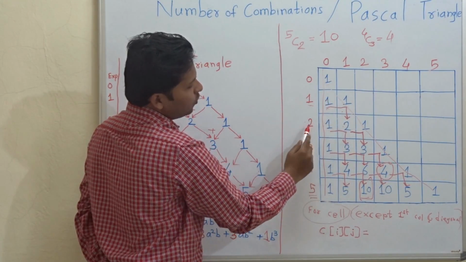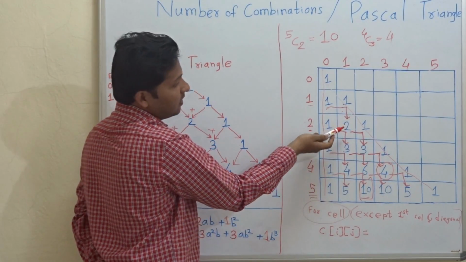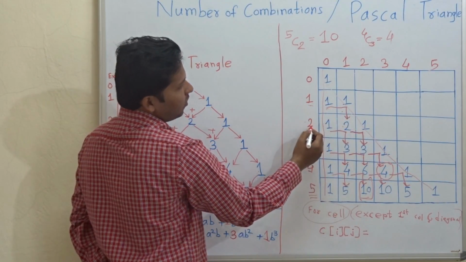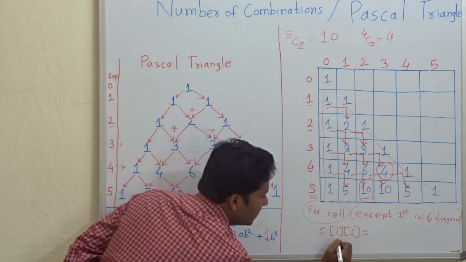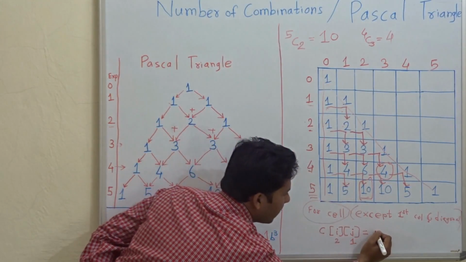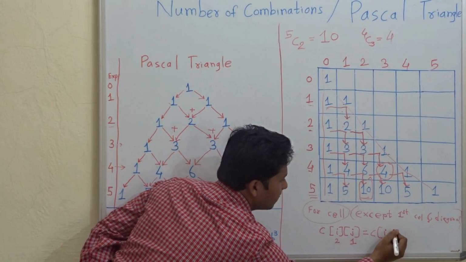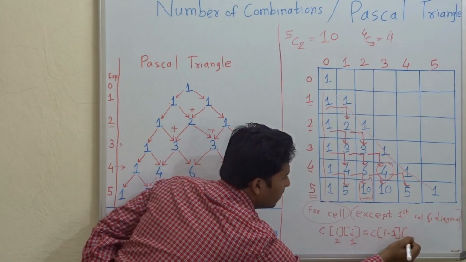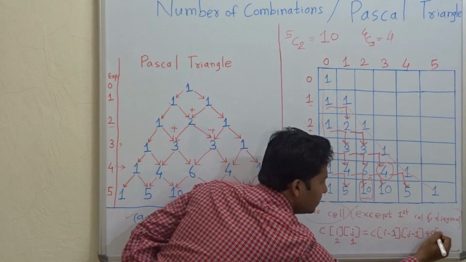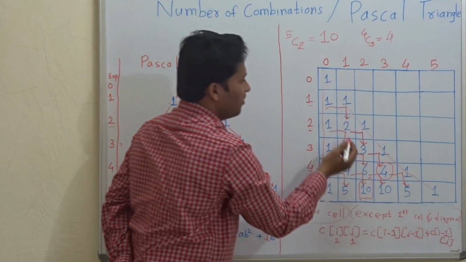So if you want to find out 2C1, then you are adding the previous row's last 2 columns, means for 2C1, so if i is 2 and j is 1, then add C of i minus 1 j minus 1 plus C of i minus 1 j, the immediate above row.